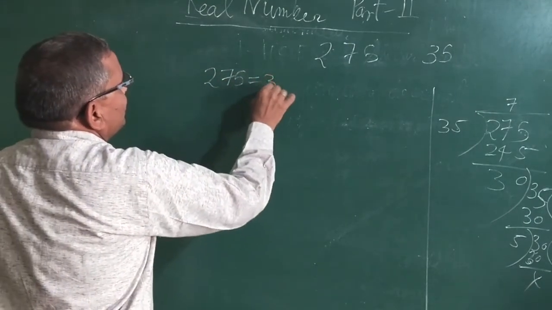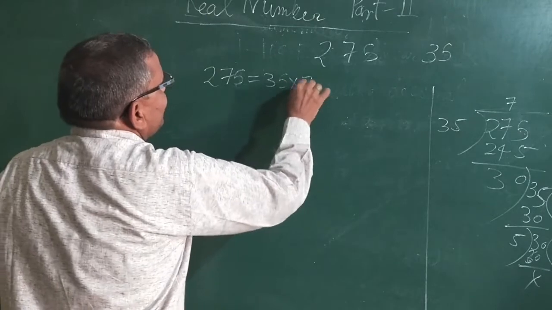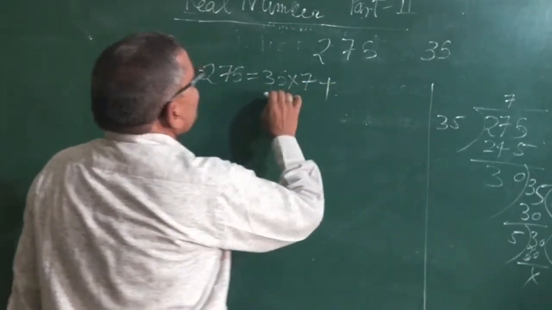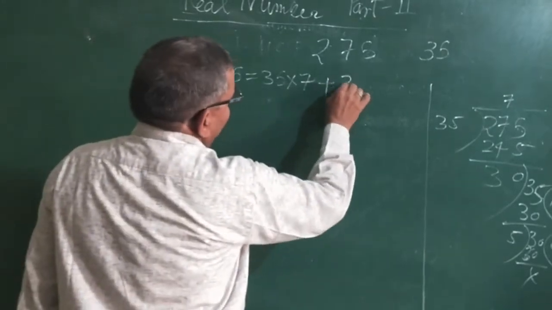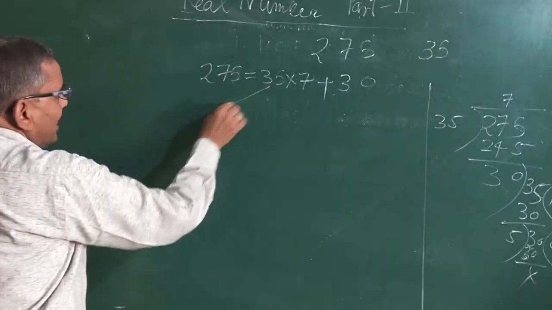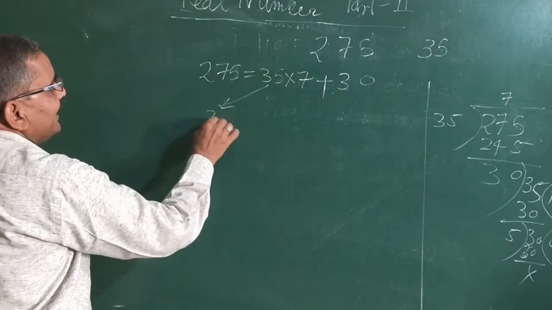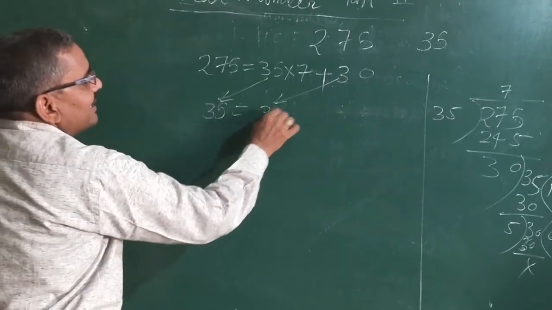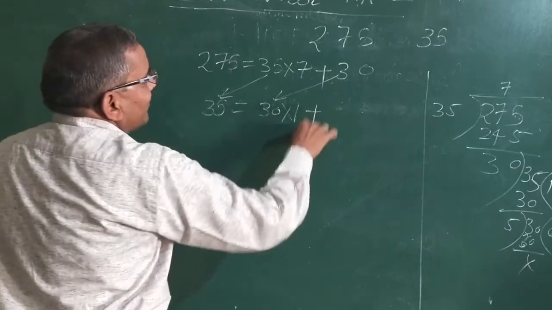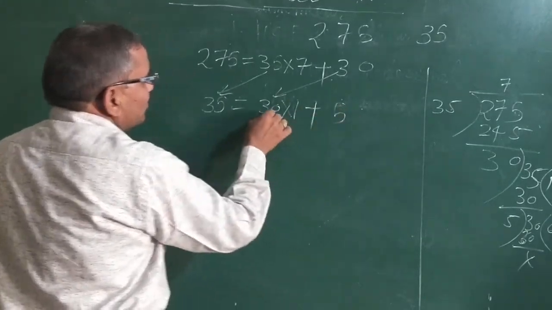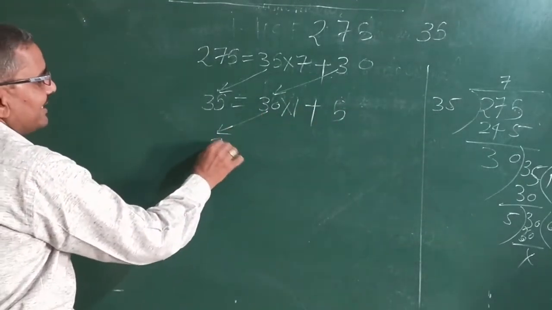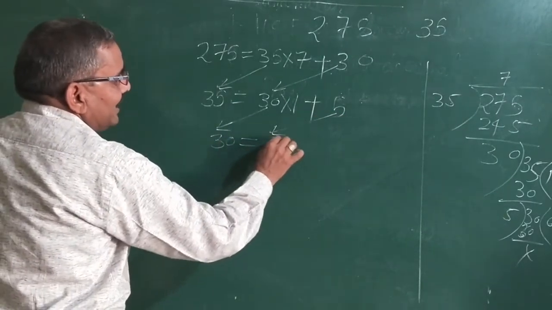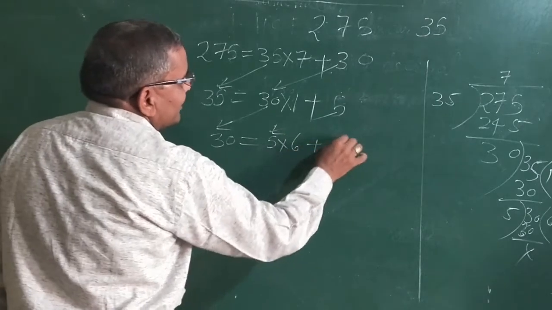Now, 275 is equal to 35 into 7 plus 30. Now 35 will play the role of A. 35 is equal to 30 into 1 plus 5. Now 30 will again play the role of A, and 5 will play the role of B. 30 is equal to 5 into 6 plus 0.